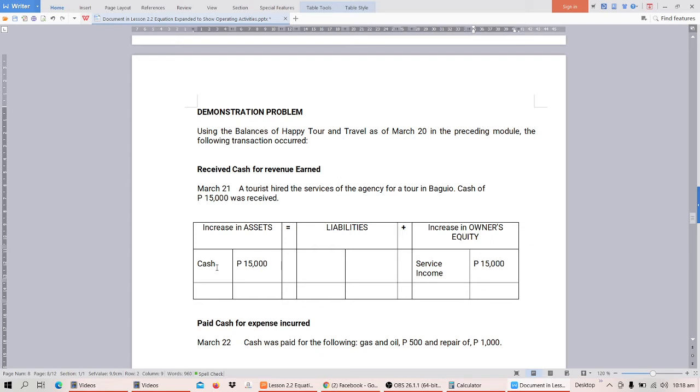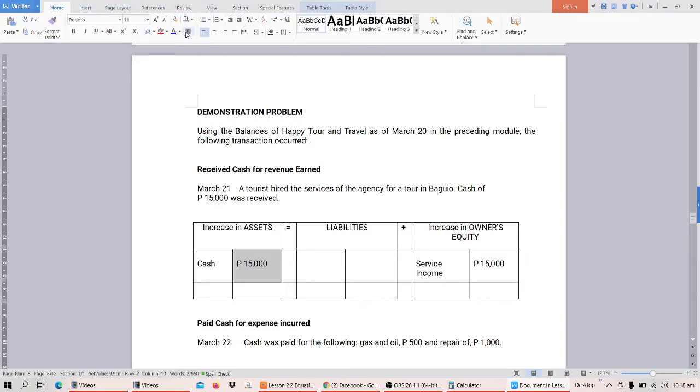So the increase analysis here is an increase in cash by 15,000 with the corresponding increase in owner's equity for services rendered to the tourist. Okay, so increase in cash by 15 and increase also, where is it?